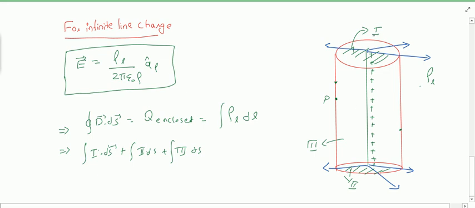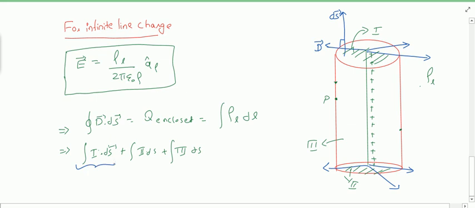What is the surface vector for the top part? It will be like this. Now you can see this is the direction of D and this is the direction of the surface vector. So what are they making? A 90-degree angle. So the dot product of both of these will become 0.